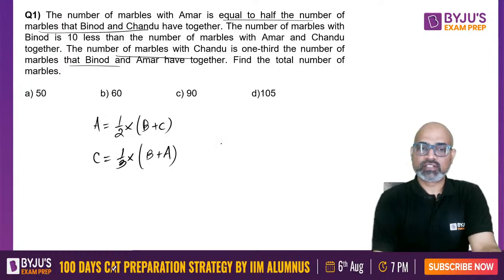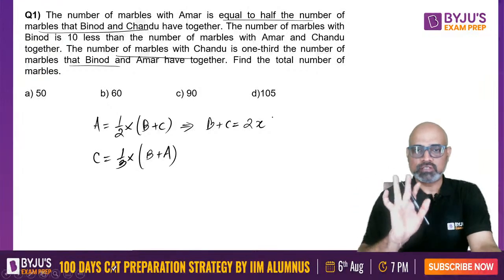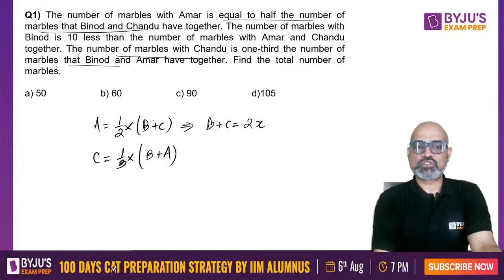Right? So if you look at this, can I say B plus C is going to be a number which is like 2x? 2 ke table mein some number. And if B plus C is going to be 2x, A is going to be x.